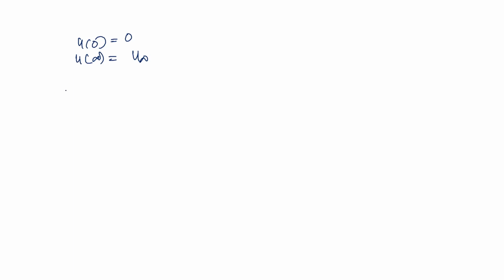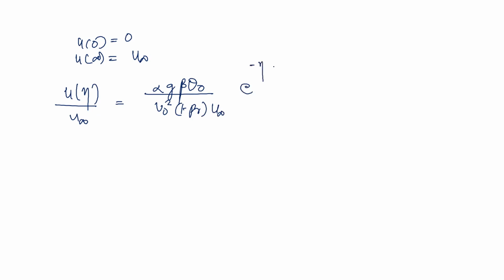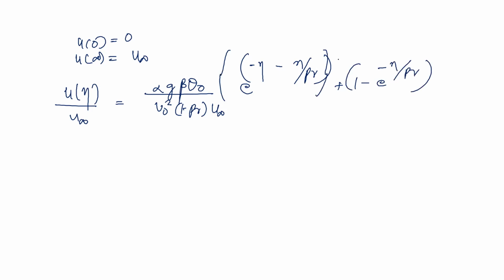So u of eta by u infinity, we can rearrange just dividing throughout the previous equation by u infinity. It becomes g beta theta o by nu square into 1 minus PR into u infinity into e raised to minus eta by PR plus 1 minus eta by PR. Okay, so why did we rearrange like this?